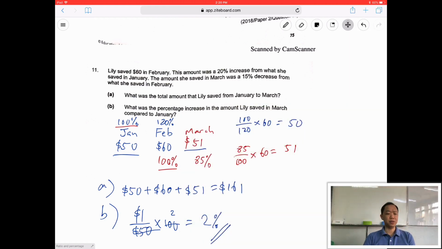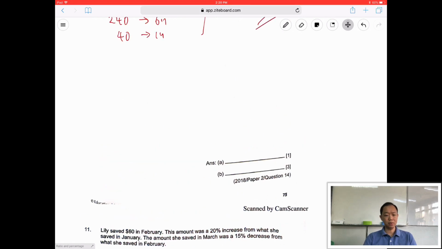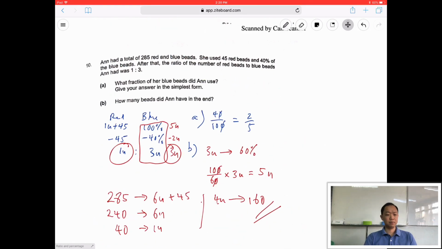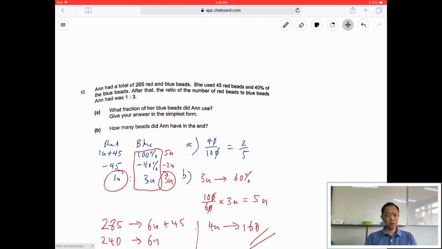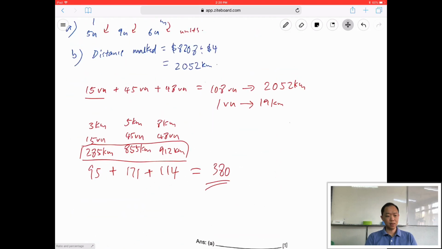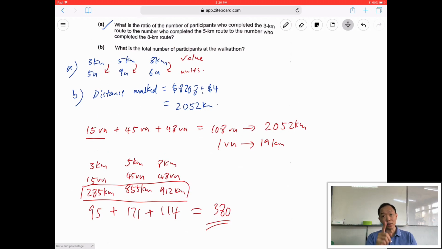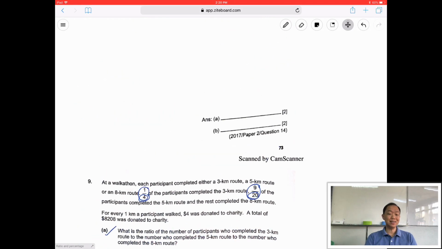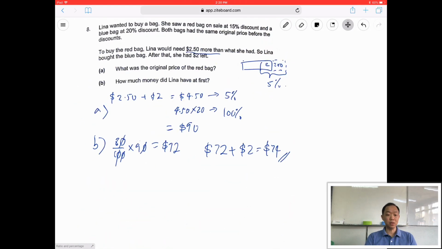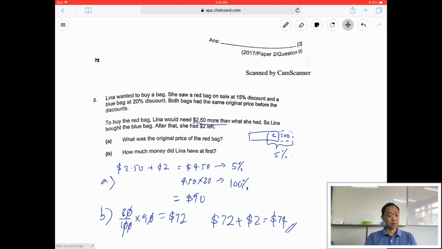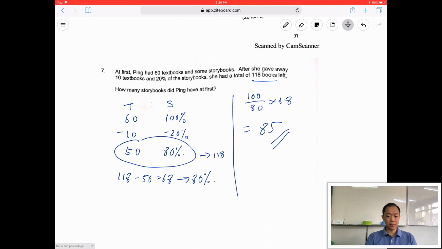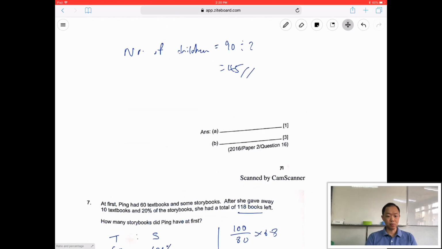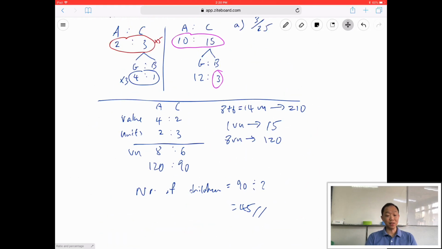What other heuristics did I use? Changing everything to units and value of units. I use a lot of value of units. Value of units is so useful for the past 3 years. Those are the heuristics that I used mostly: before and after, and value of units.